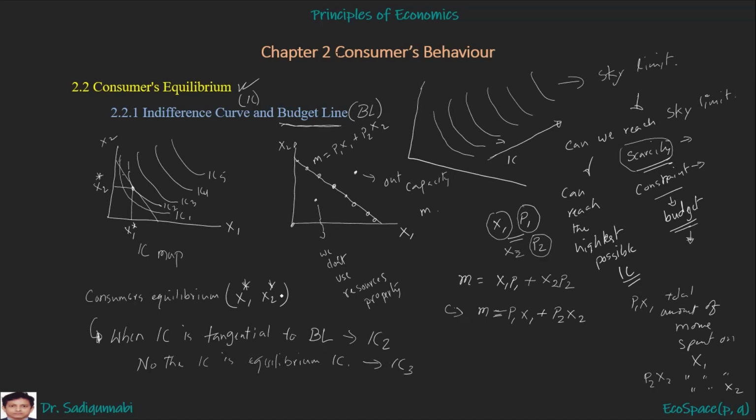Can you tell me why IC3 is not the equilibrium IC? It is out of the budget line, out of capacity. You see that it is out of capacity, so it is not equilibrium. Okay, so IC3 as well as IC4 and so on are not the consumer's equilibrium.